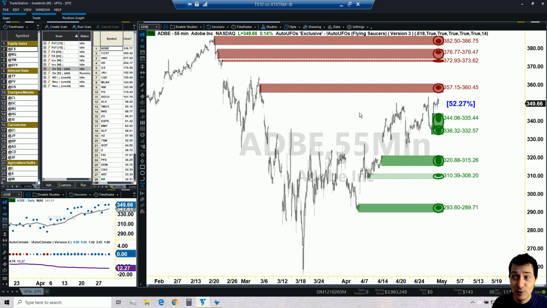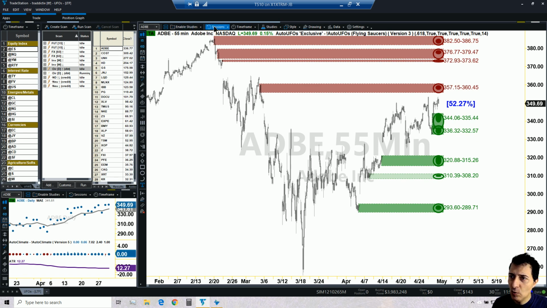We just closed one for a profit, and we are going to plan another one, expecting Adobe to hopefully come back down. And if Adobe comes to this UFO, we would re-enter a trade to the long side, expecting a 7-day move up based on the climate.